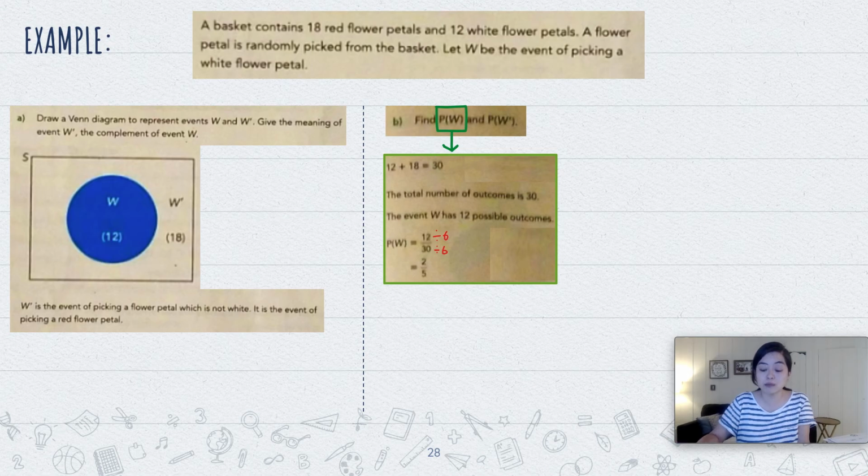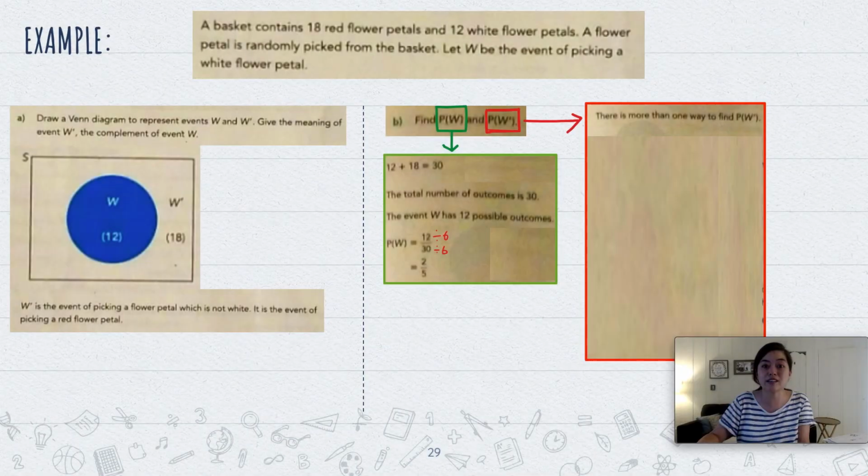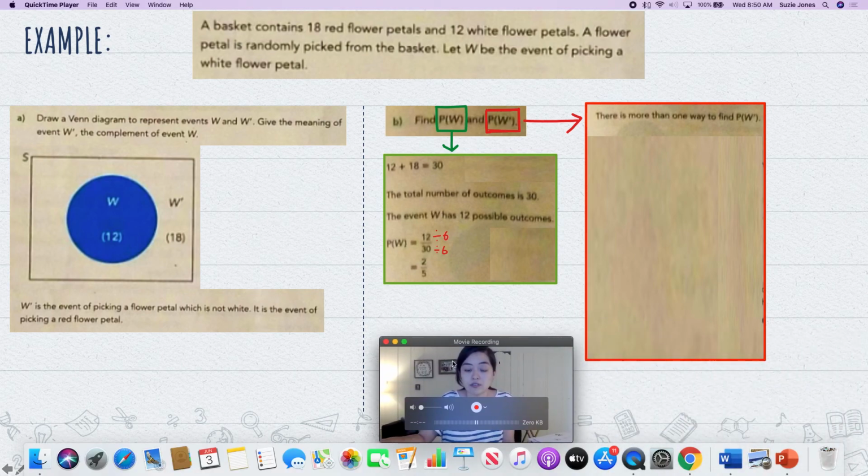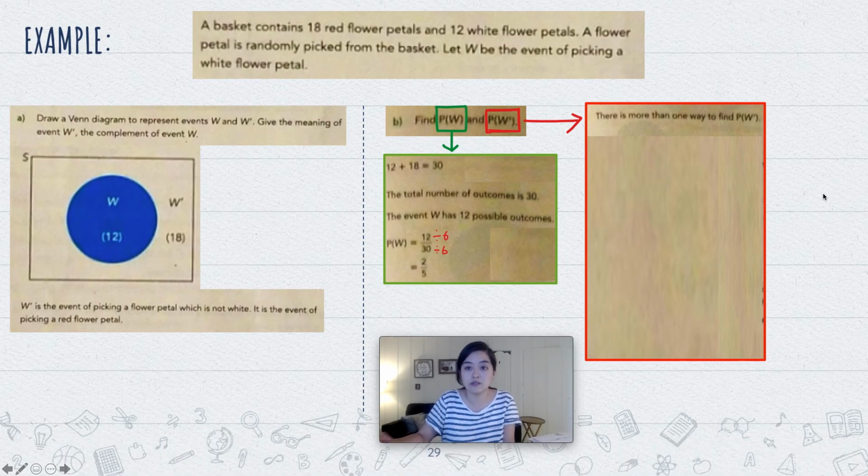Now let's find the probability of the complement of event W. We'll do it over here on the side. There's more than one way to find this probability. Here's the first method.